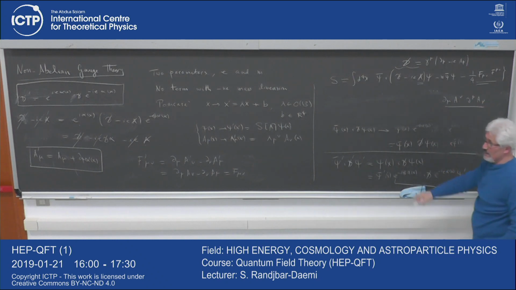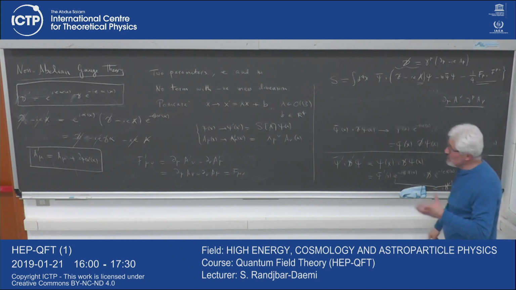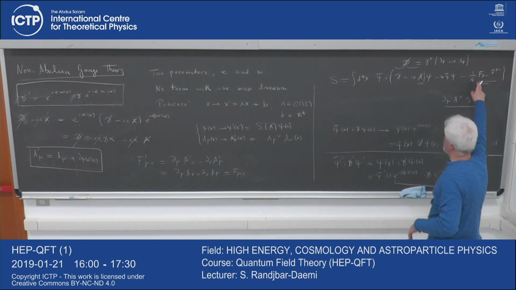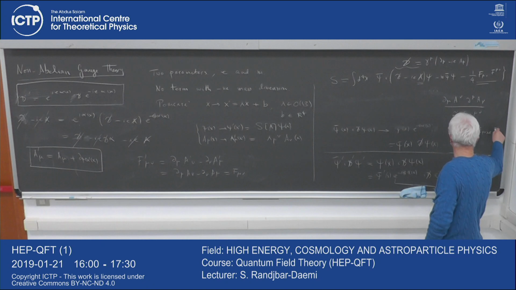That by itself is not invariant under those transformations. Okay? So the combination with the right dimensions, the only combination is this, and another combination is this. You know what this stands for, right? It's the dual of this, that is F tilde mu nu, is 1/2 epsilon mu nu lambda sigma F lambda sigma.